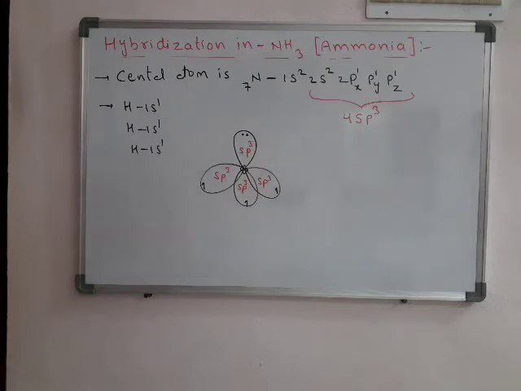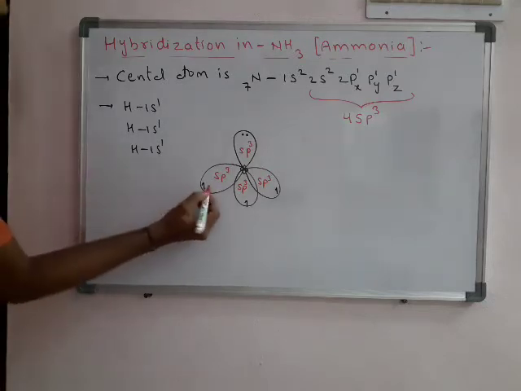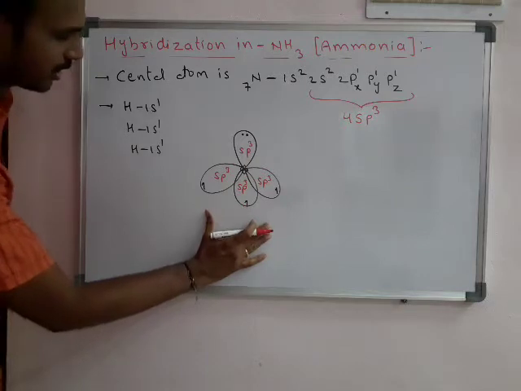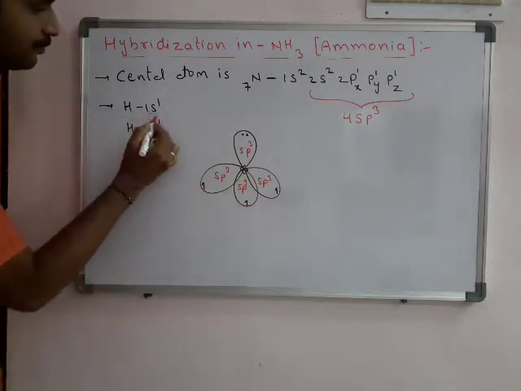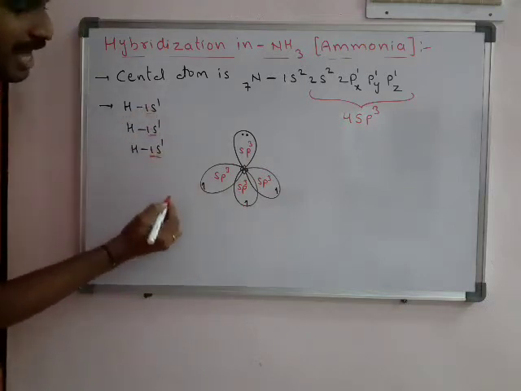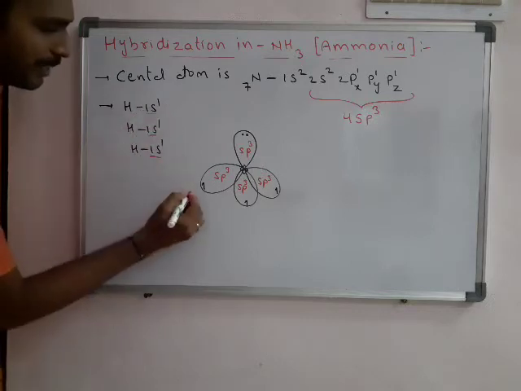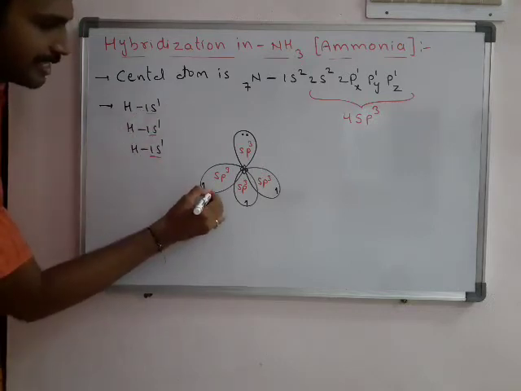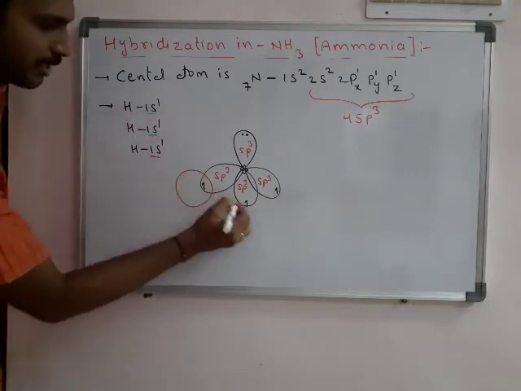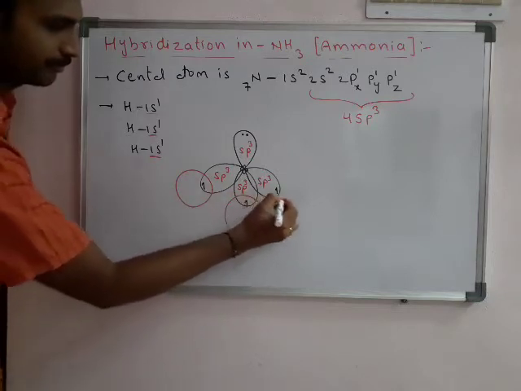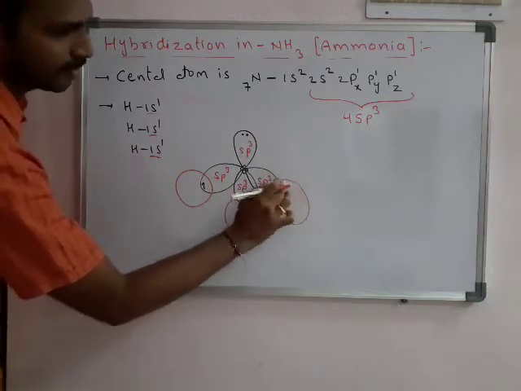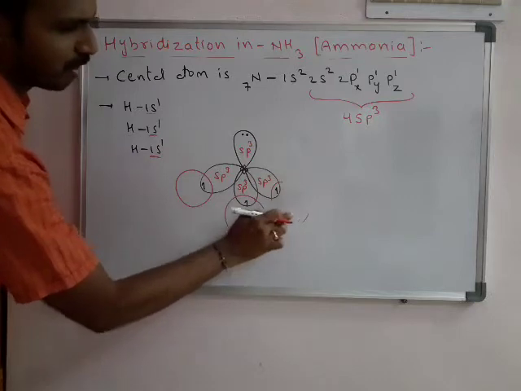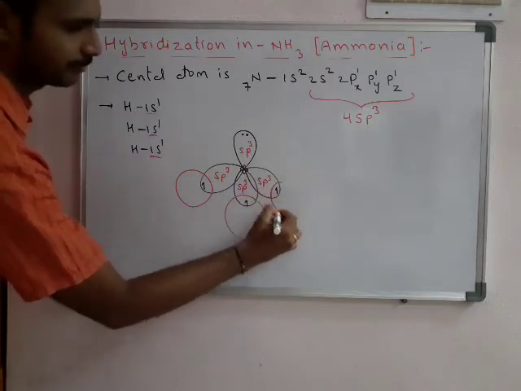Just see it carefully. These 3 sp3 hybrid orbitals overlap with the s orbitals of 3 hydrogens, which have unpaired electrons. What is the shape of s? Spherical shape. Try to draw it in a spherical shape.